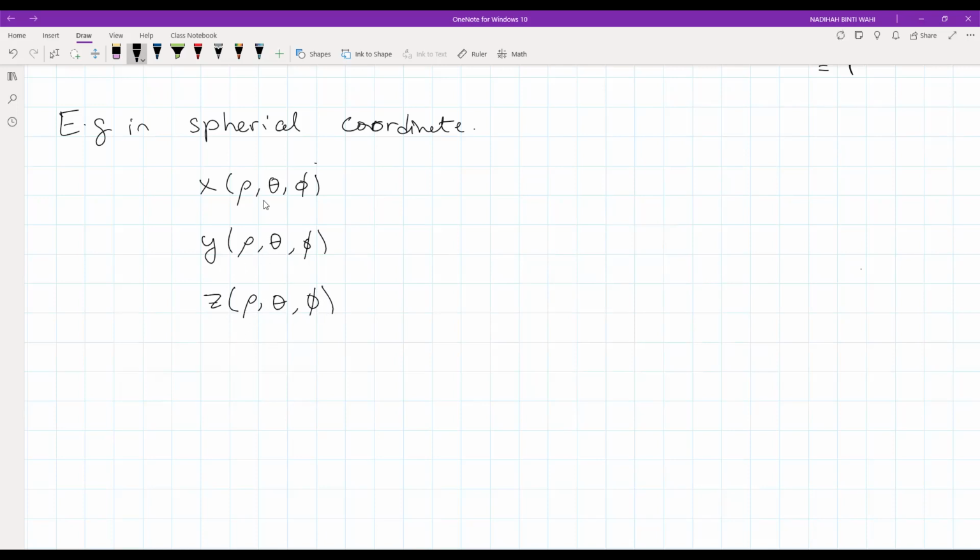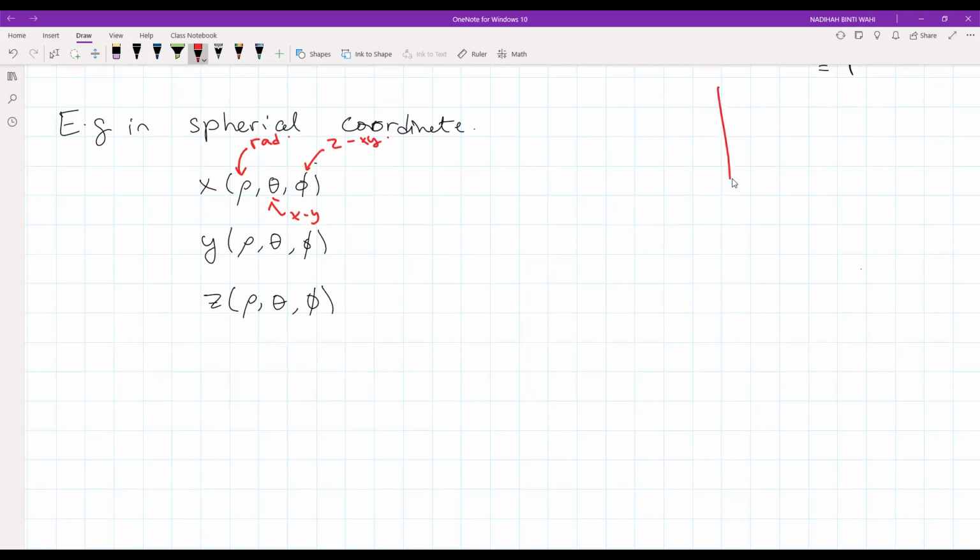Okay, what does it mean? So the rho right here is for radius. Theta is the angle between x and y. And then phi is the angle from z.